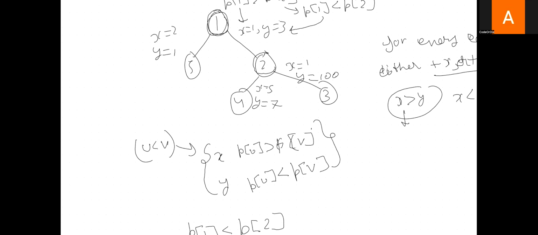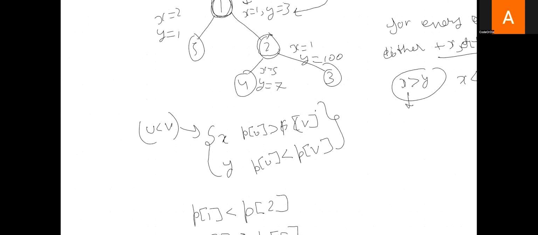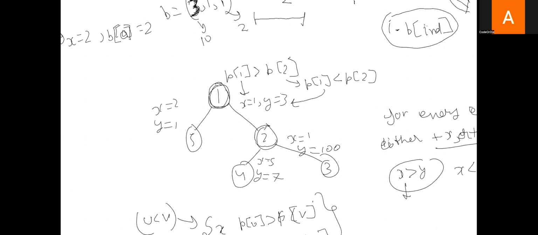Since u is less than v, you want P2 less than P4. So P2 must be less than P4. And what about this? u is less than v and y is greater, so here also P2 must be less than P3.